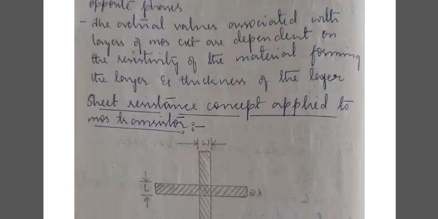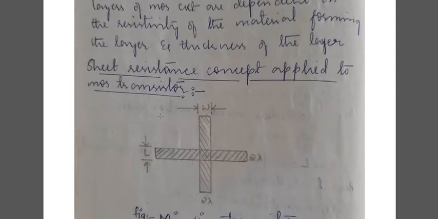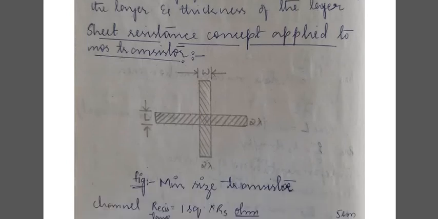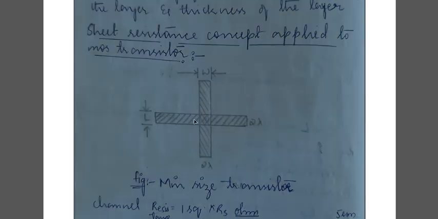Okay, so the sheet resistance concept is applied to the MOS transistor. We have seen the layout diagrams. If you are going to find the sheet resistance of this particular MOS transistor, so what is this? The right slanting line is your polysilicon. You are able to see here, this right slanting line is polysilicon and this is N diffusion, correct?